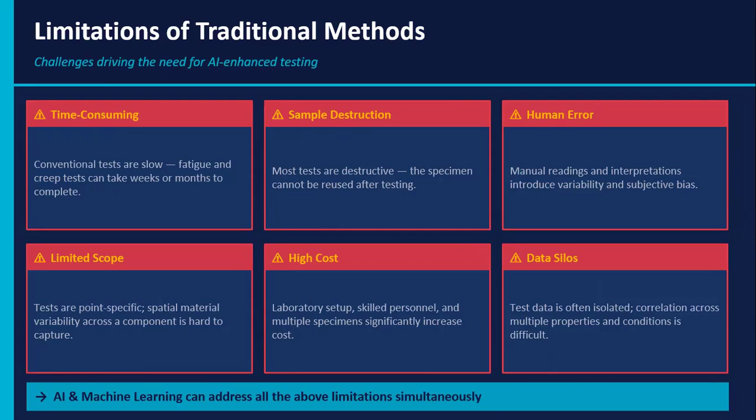Human involvement introduces measurement errors and interpretation bias. Testing cost can be high due to equipment, manpower, and specimen preparation. In addition, data from different tests often remain isolated and difficult to correlate. These challenges create big opportunities for AI-driven solutions.